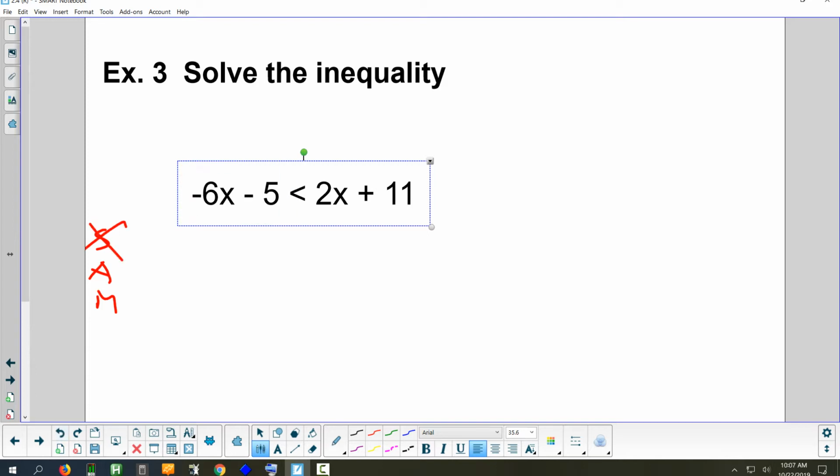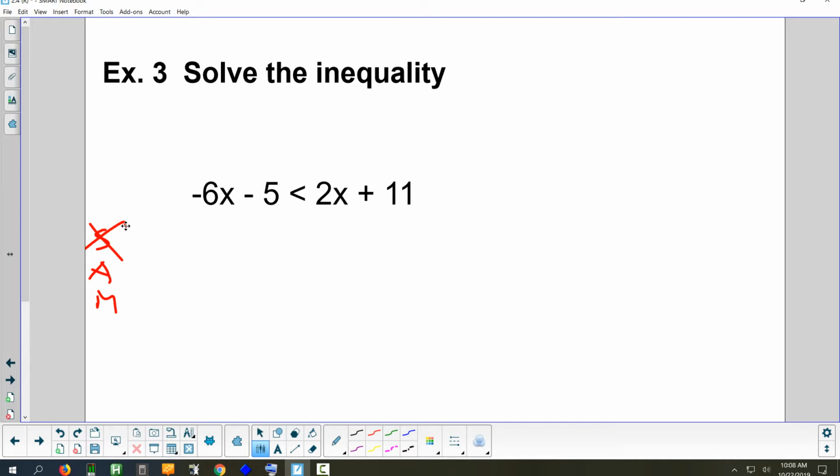So now we're at the adding and subtracting step. I always like to get all the letters on the same side first. So you've got a choice. Do you think it would be better to put all the letters on the right or put all the letters on the left? Which way do you think would be better? Left. Why left?